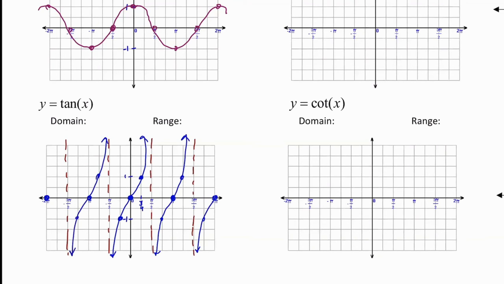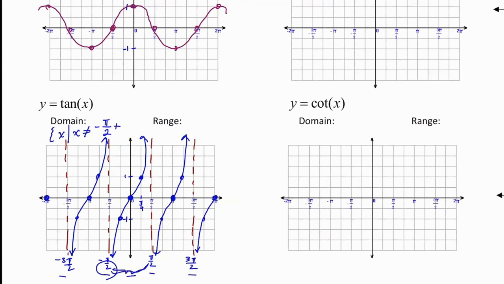Okay, so then once we have done that, now let's talk about domain and range. Domain, it's going to be skipping every asymptote. And remember, it doesn't matter which one you start with. So I'm going to say x is all real numbers except all my asymptotes. I'm going to start at -pi/2 radians. So -pi/2 plus, how far is it between the asymptotes?